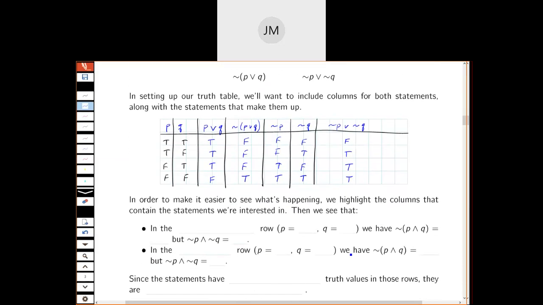Okay, so what we want to do to show that these two are not the same is we want to look at the relevant rows here, right? Okay, so I'm going to start by highlighting the columns that we're interested in, right? So this was our statement on the left, and this was our statement on the right, right?